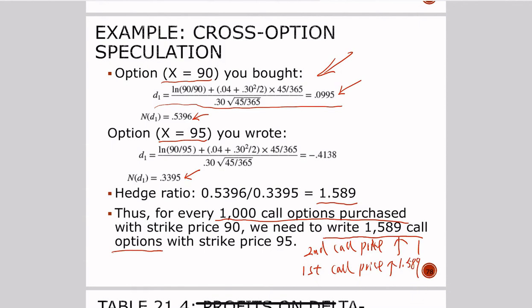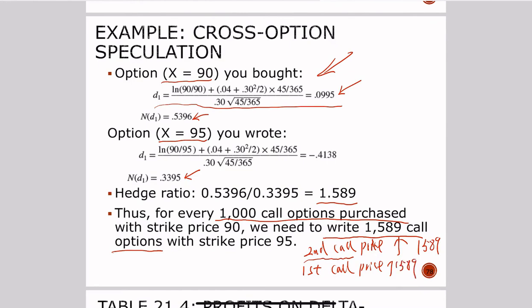Because we have 1,589 of the second call, the total change in value would be 1,589. And because we have 1,000 of the first call option, if the per-call increase is 1.589, then the total value increase would be 1,589.